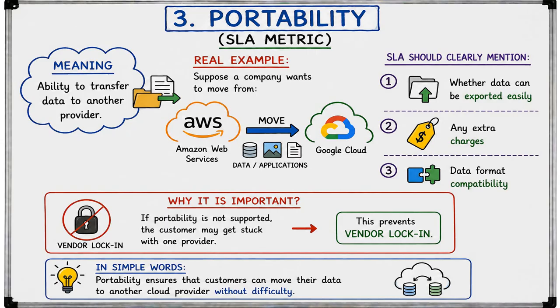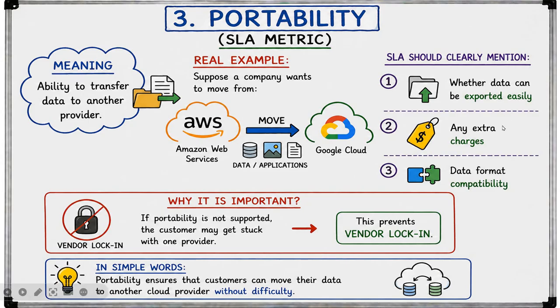It includes availability of export tools, time required to transfer the data, or any restrictions. For example, can you download all the files in one click, or is there any limit to data transfer? If the data export is difficult, switching providers becomes very hard.